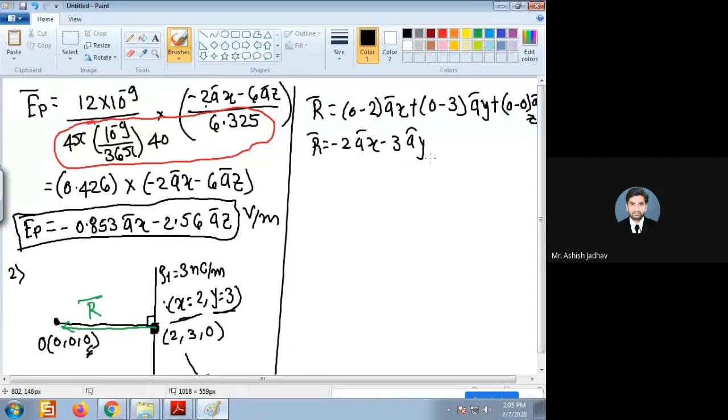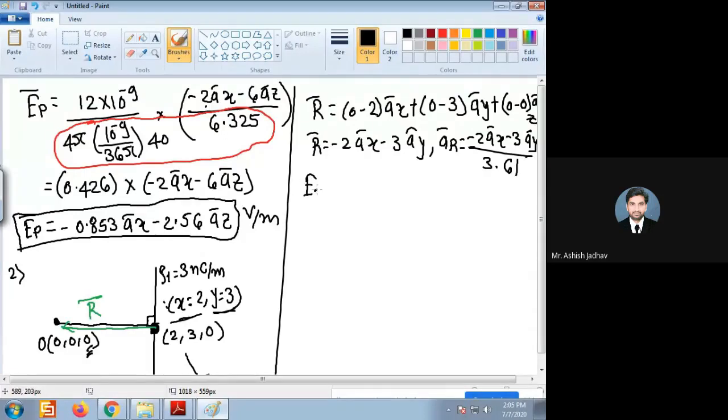So from this I can write the unit vector also. Unit vector a bar r is equal to minus 2 a bar x minus 3 a bar y divided by the magnitude, which would be 3.61 if you calculate. Now you are able to use the expression for finding electric field intensity due to a line charge.